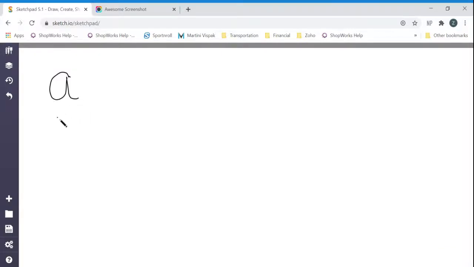I'm still in the first initial we had as an example. So this is actually ah, o, uh, e, u.